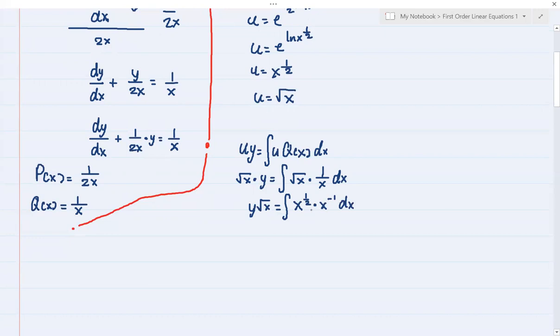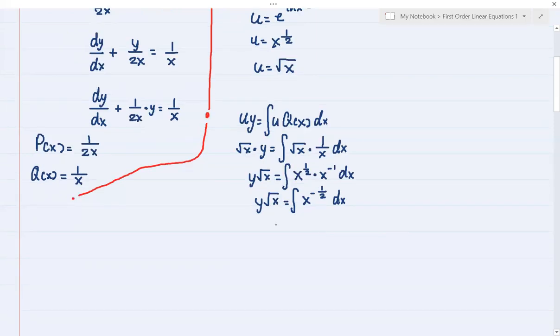So we will have y square root of x is equal to the integral of x raised to 1 half times x raised to negative 1, which gives you x raised to negative 1 half.